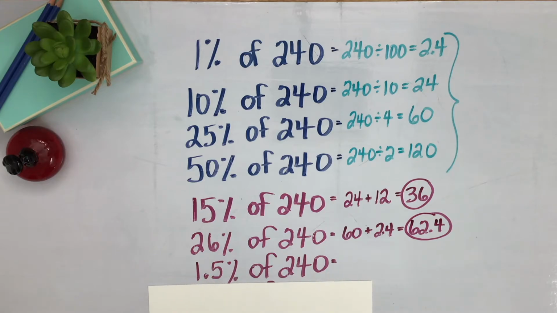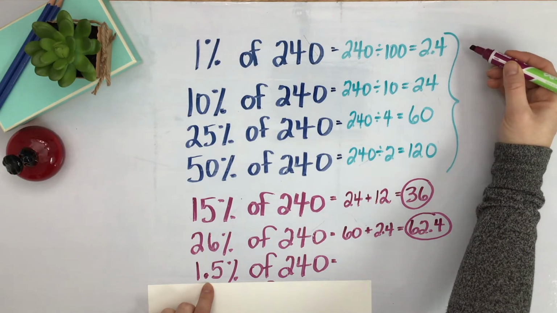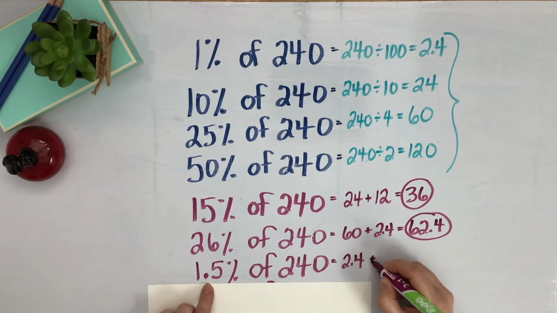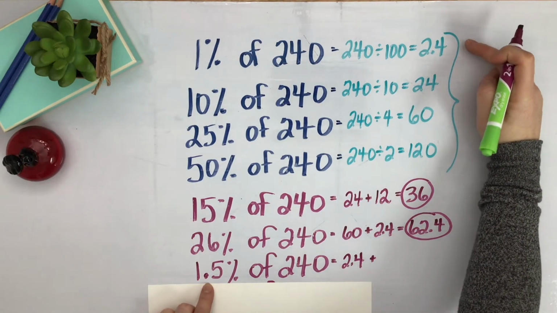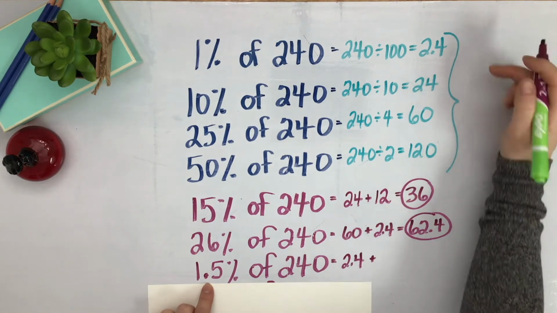Let's try a decimal percent. Now this is only for people who are doing level C. So I could build 1.5% by taking 1% and then taking half of 1% and putting them together. So I know 1% is 2 4/10. Now to take a half a percent, I need half of this value. So half of 2 4/10 is 1 2/10.